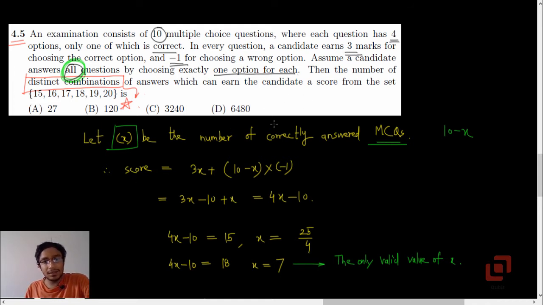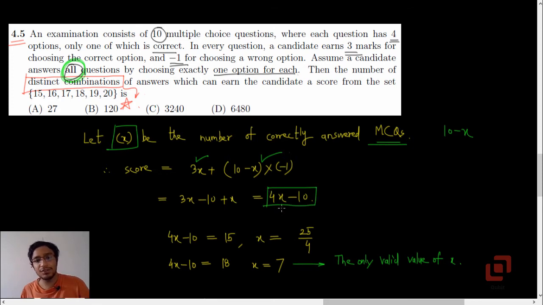Candidate earns 3 marks, so 3x will be the positive score. But because 10 minus x MCQs were incorrectly marked, those will lead to addition of a negative score, which will be (10 minus x) into -1. So the total score will be 3x minus 10 plus x, or 4x minus 10.